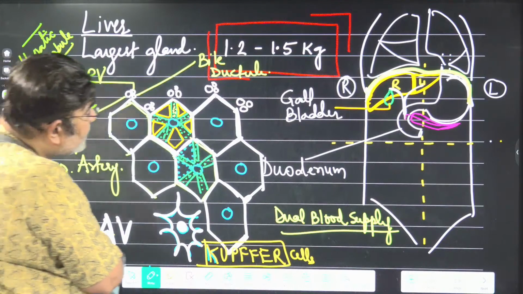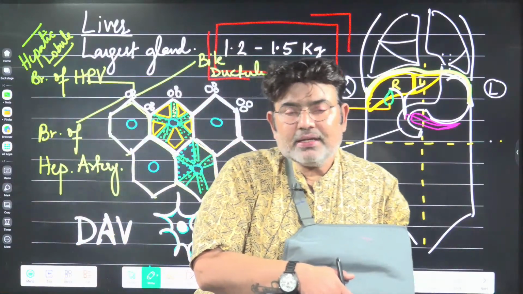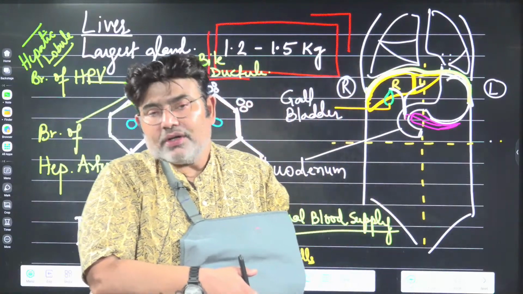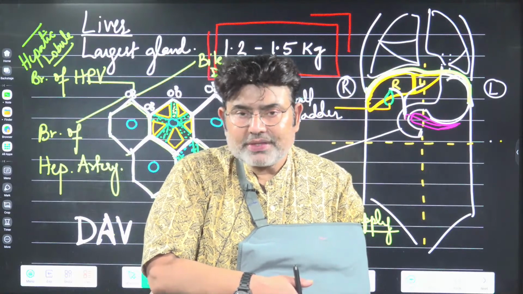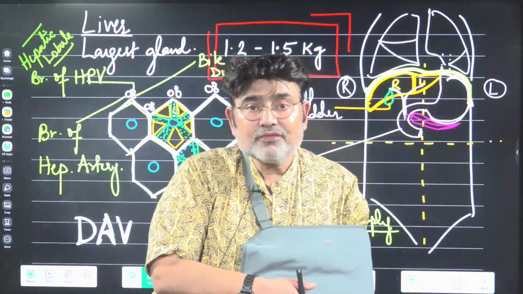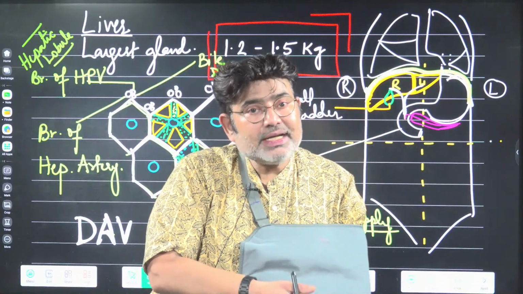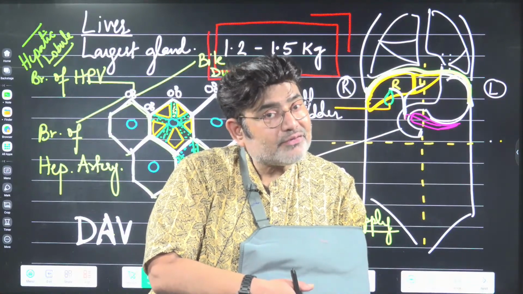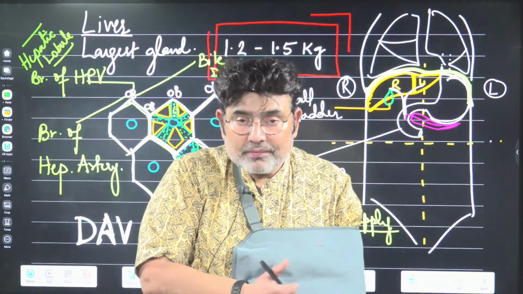With respect to the digestive system, liver makes bile. The bile comes into the ducts, as I told you, right hepatic duct and left hepatic duct, and this bile forms a common duct, and this bile first goes into a pouch. So the liver does not send it to the duodenum, it sends it first to the pouch. This pouch is called the gallbladder.